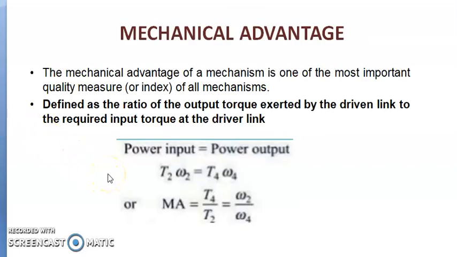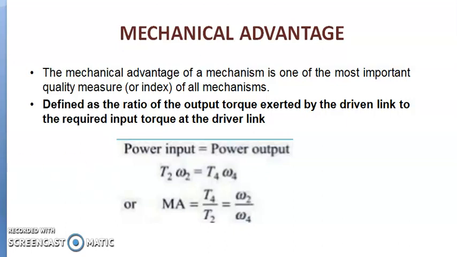Now first let us see what a mechanical advantage is. The mechanical advantage is one of the most important quality measures or indices of any mechanism. It is defined as the ratio of the output torque exerted by the driven link to the required input torque at the driver link.